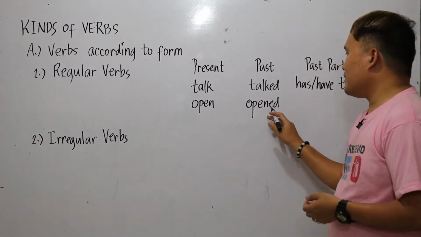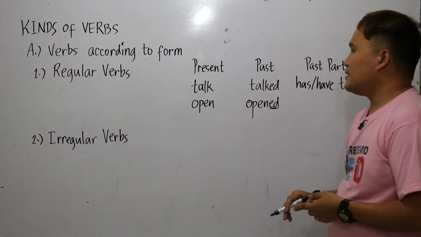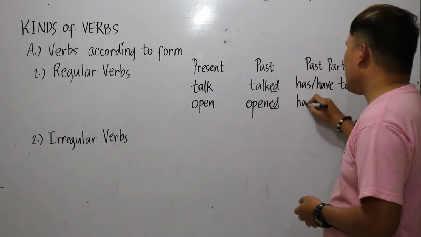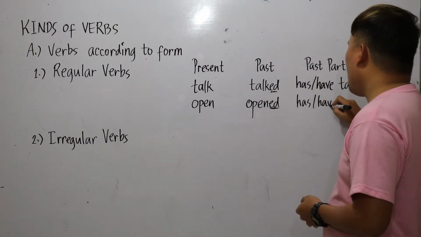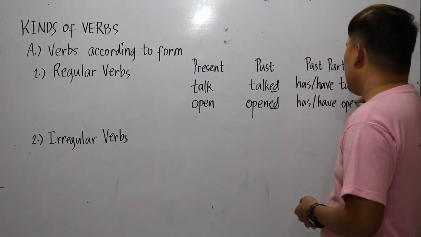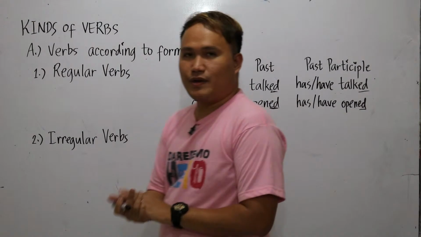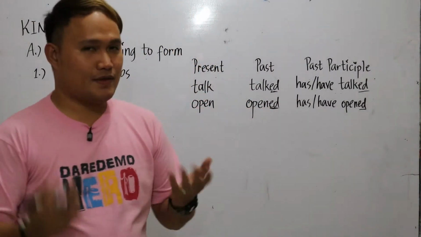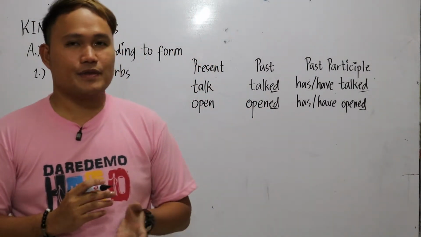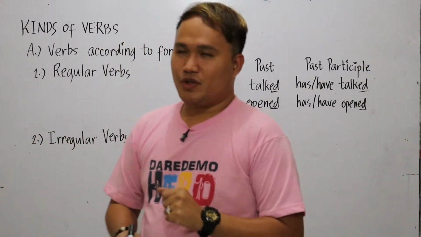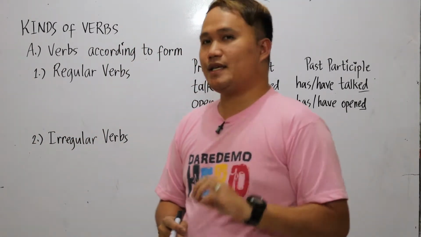So you have there ed in the end. Okay. And then for past participle, has or have, opened. So that's how simple it is. So for regular verbs, the spelling of the word doesn't change. You just have to put D or ED in the end.